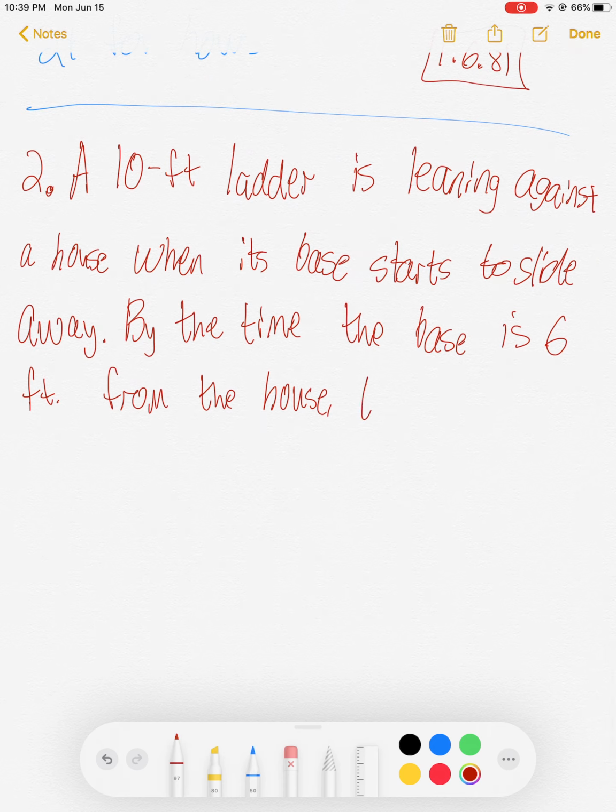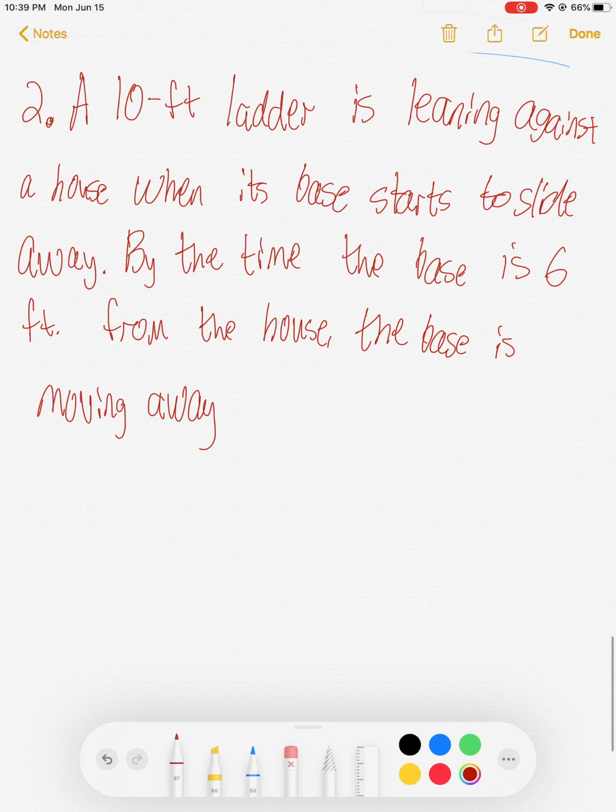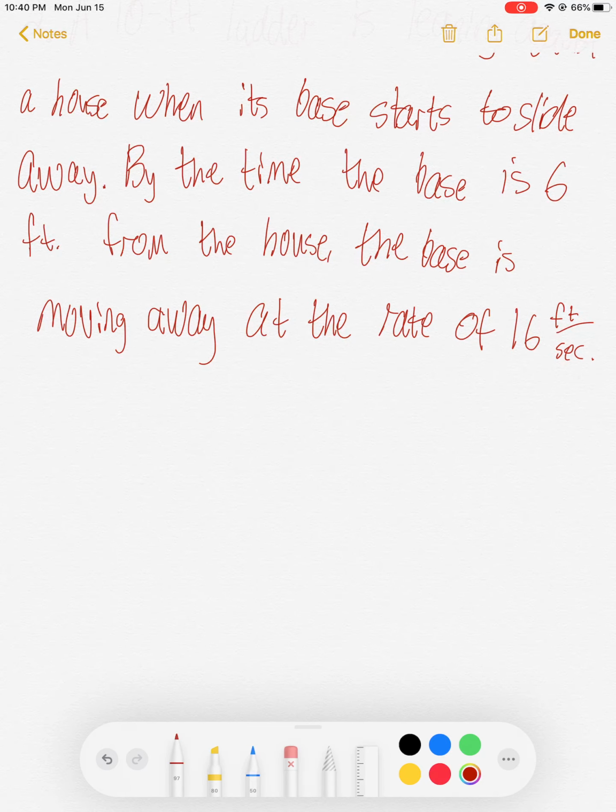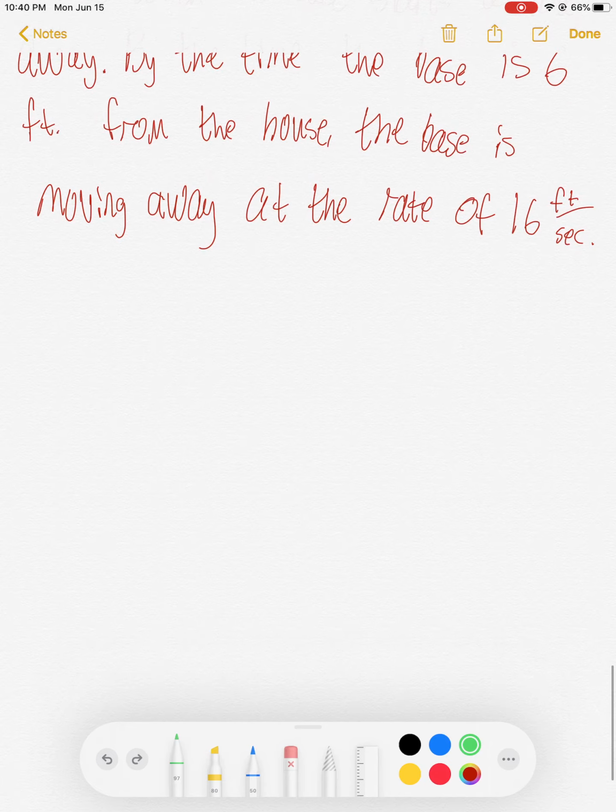By the time the base is 6 feet from the house, the base is moving away at the rate of 16 feet per second. So we have two parts to this problem as well.